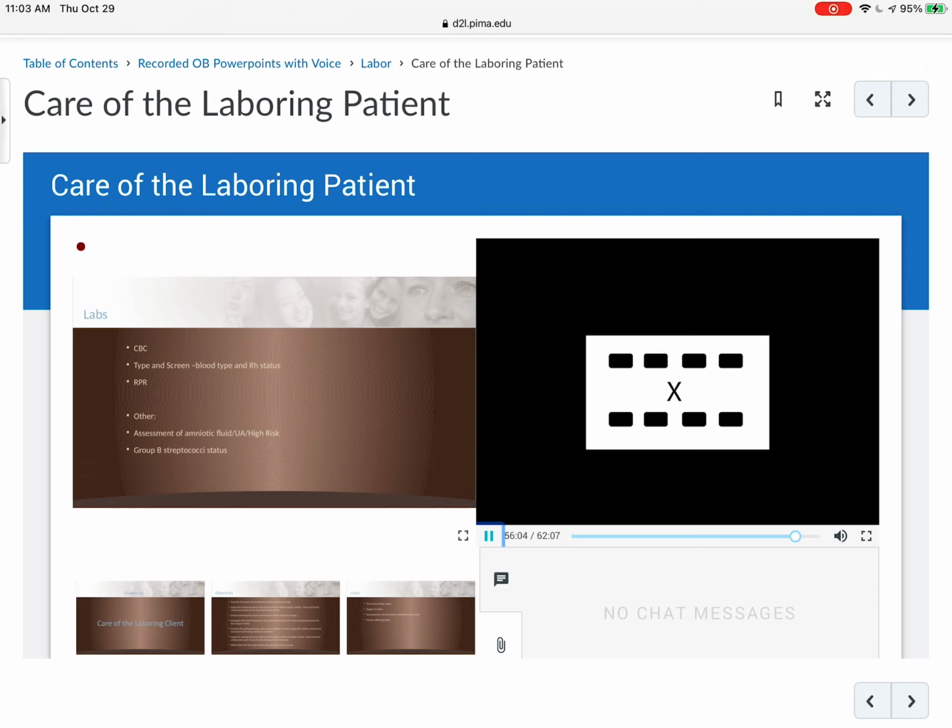It's done during their prenatal, but we also want to make sure at the time of delivery that it is a negative status. Again, sometimes we have to assess whether the bag of water broke or the amniotic fluid. UA is just uterine assessment. At high risk as well. Also need to check them for group B.